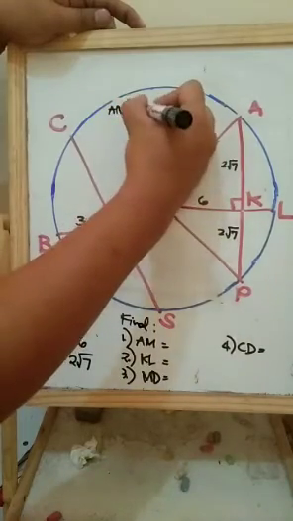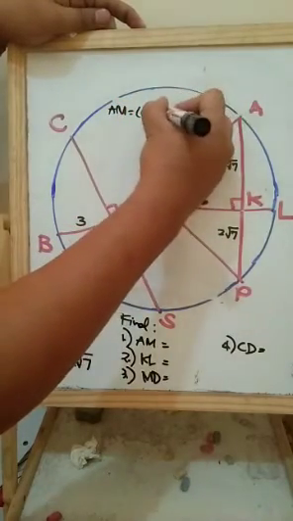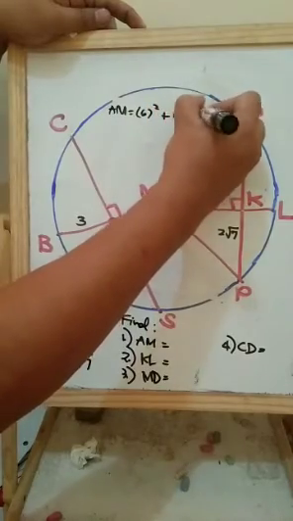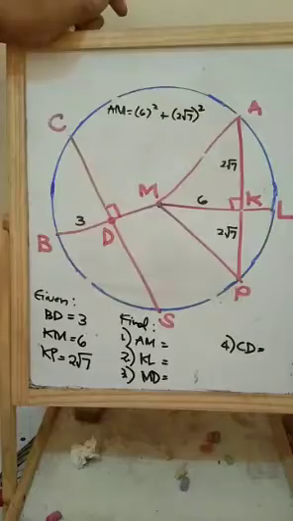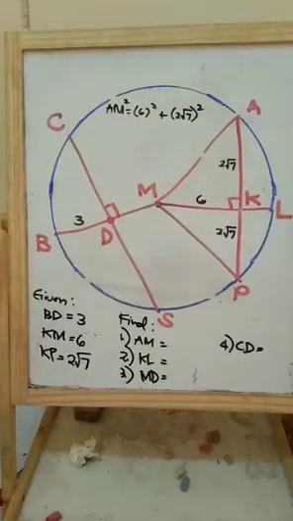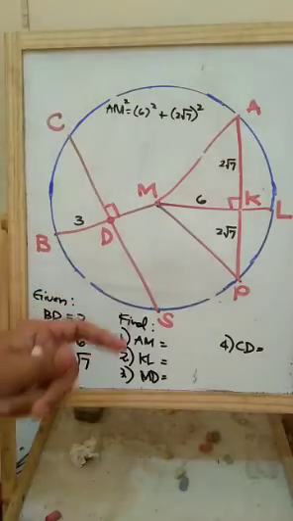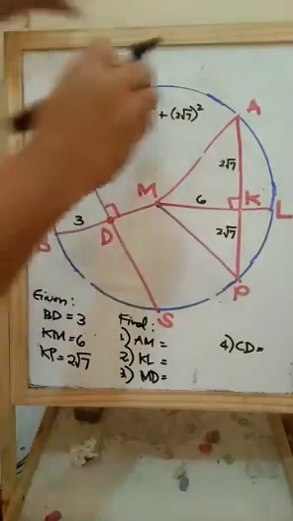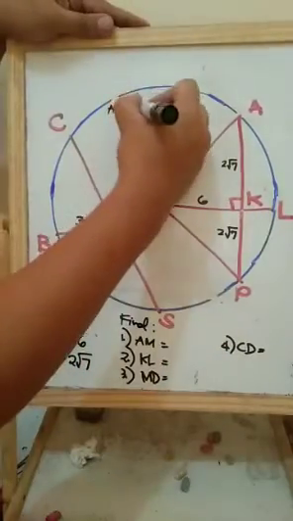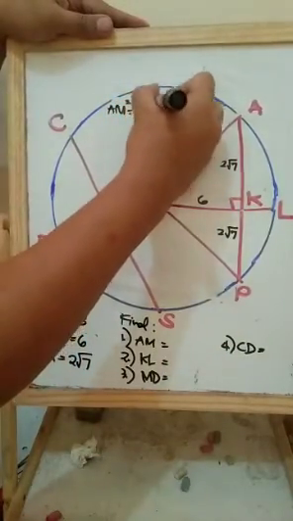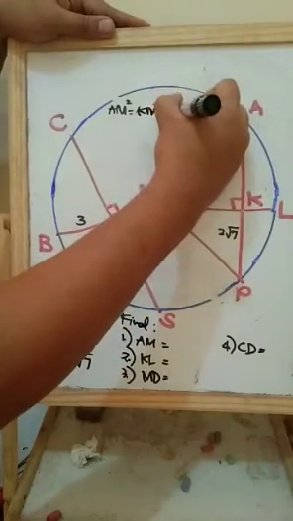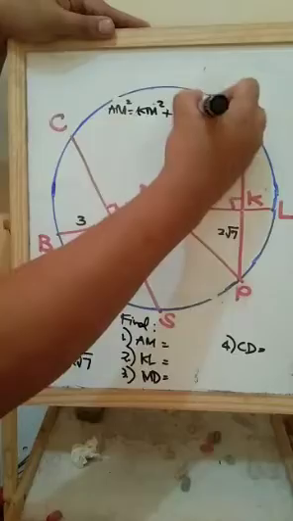So, gagawin natin 6 squared plus 2 square root of 7 quantity squared. Okay, AM squared is equal to KM squared plus KA squared.